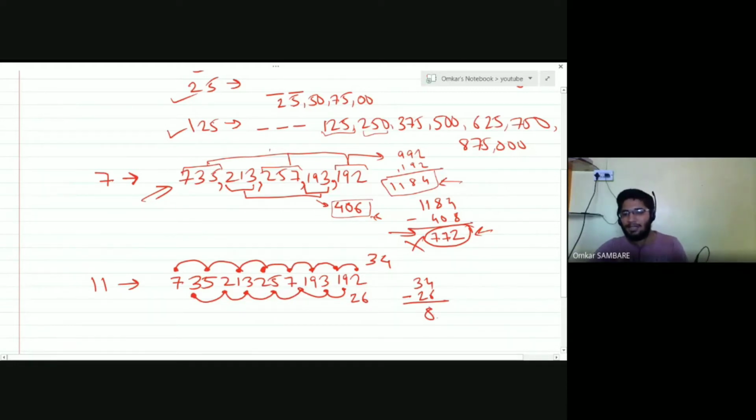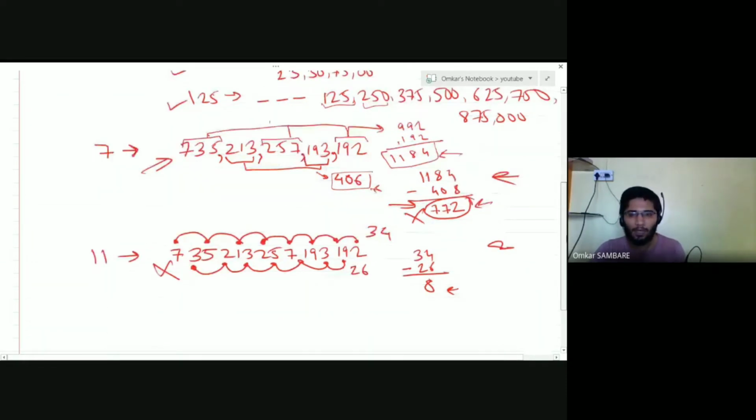If this difference is a multiple of 11, then the number will be divisible by 11. But 8 is not a multiple of 11, so this number is not a multiple of 11. Note that a multiple here also includes 0. So suppose the difference is 0, then it will also be divisible by that number.